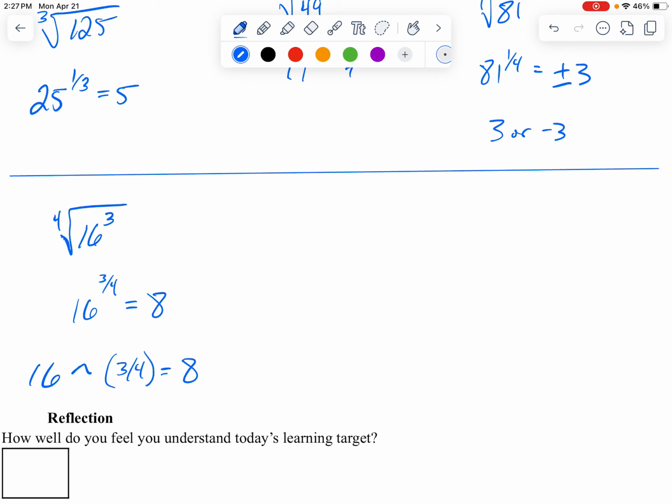The other example we have here is 27 to the 4th power and the 3rd root. So again, that could be written as 27 to the 4/3 power, because the top number is always our power, the bottom number is always our root. And if you punch that into your calculator, I want to say 3, but let me just punch that in real quick, to the 4/3.